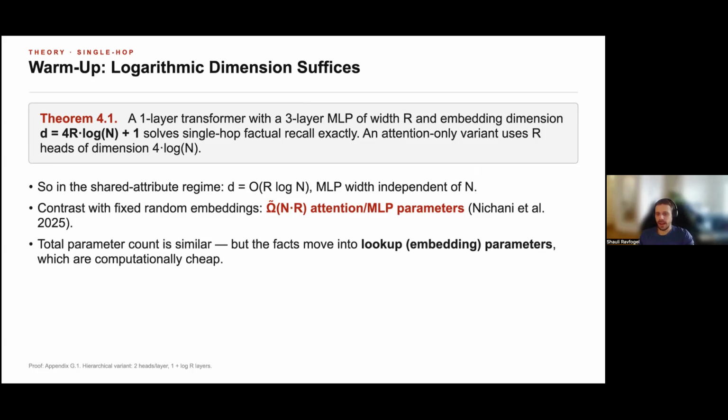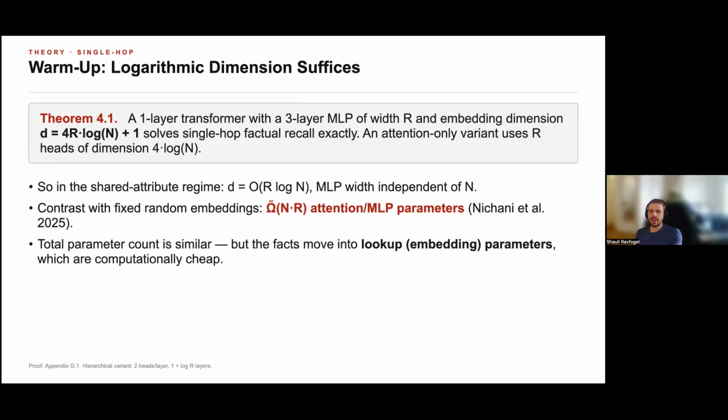The important thing here is that the MLP width is not linear in n. Note that this contrasts with what I showed earlier about the case of random embeddings, where we need a relatively large MLP, linear in the number of facts, so linear in n and in R. So the total parameter count is the same in both solutions, and this is not a coincidence. Actually, this is the lower bound on the number of parameters that we are going to need.